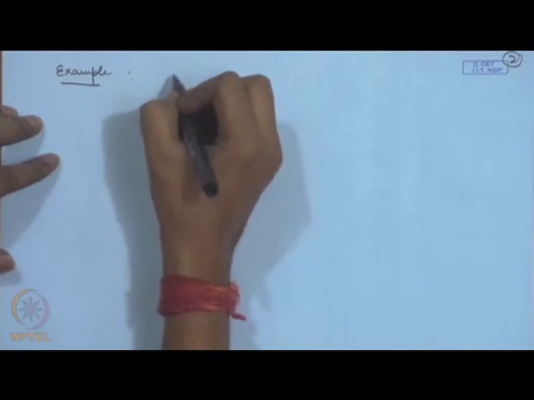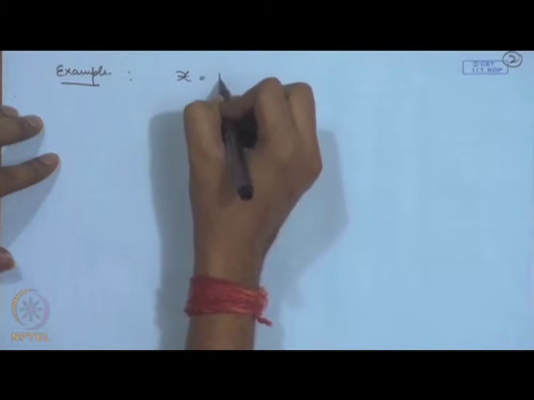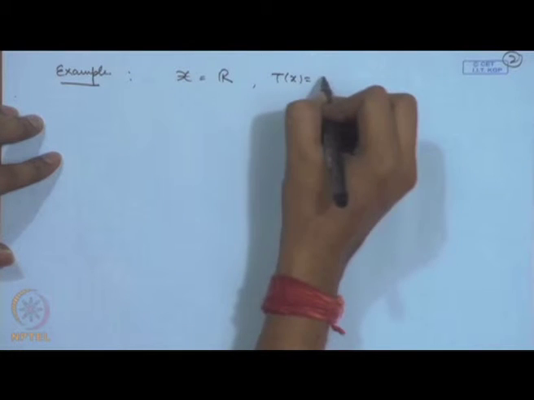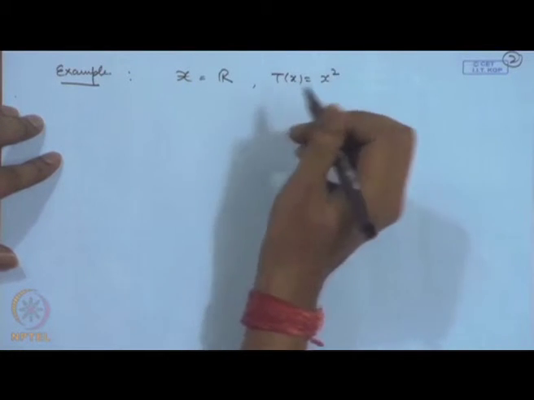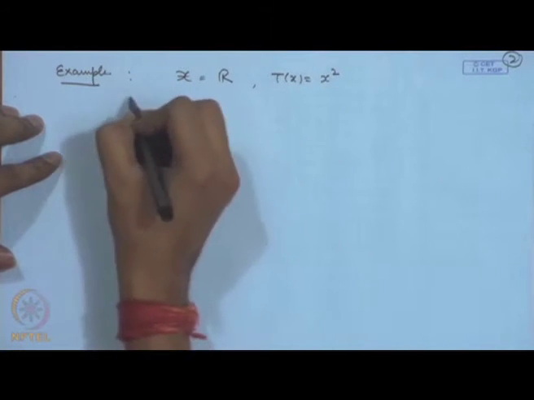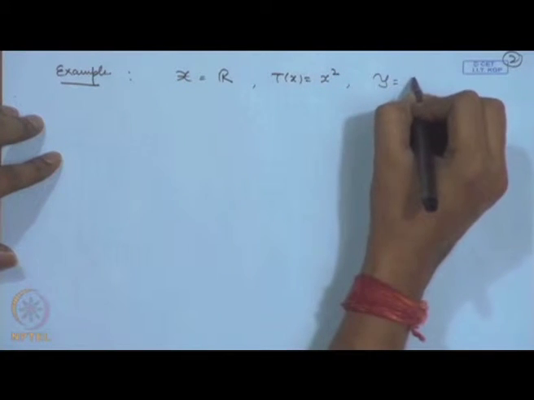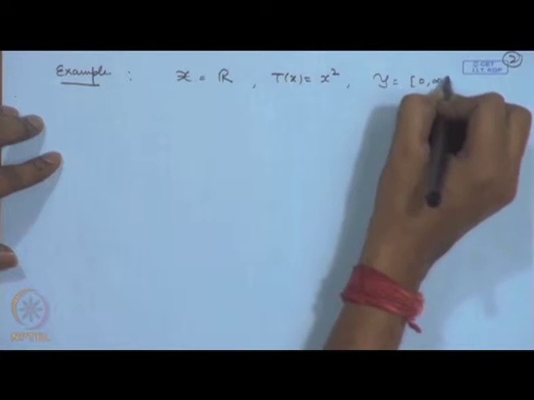Let me explain through an example here. Say I consider X to be the set of real numbers and let us consider the function T(x) to be x square. Then Y is 0 to infinity.